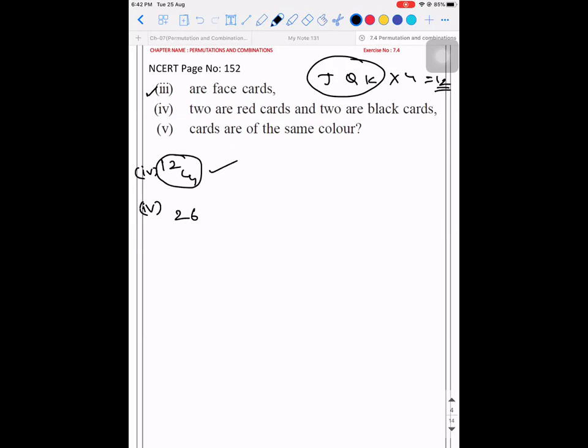So 26C2 the whole square. Instead of writing it as a product, write it like this, so that you will understand it is an AND operation. Then you write 26C2 whole square. That's right. Don't report the answer like this, go like this. Next. Fifth one. Cards are of the same color.